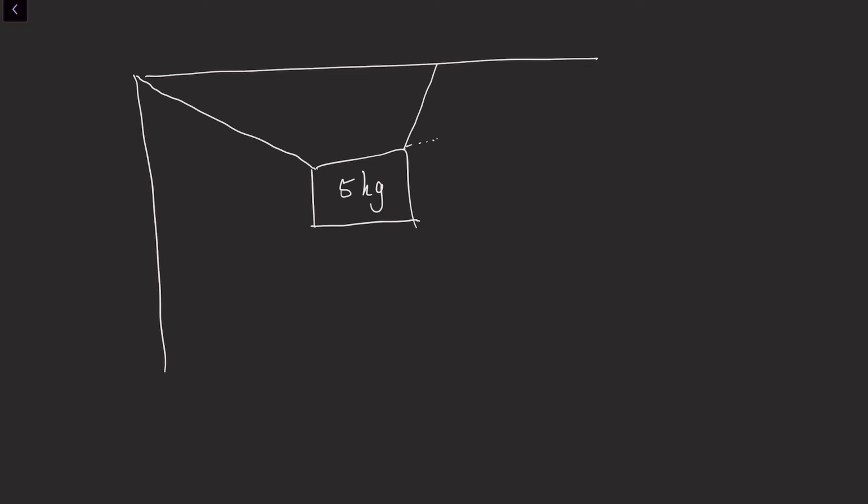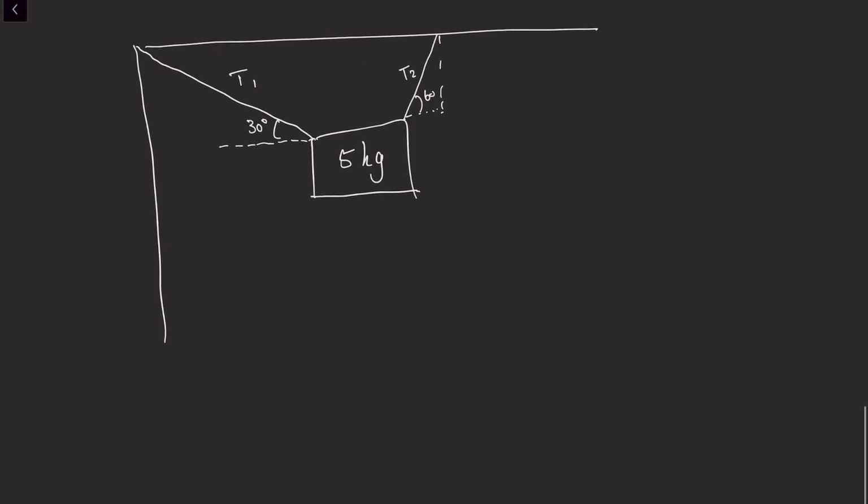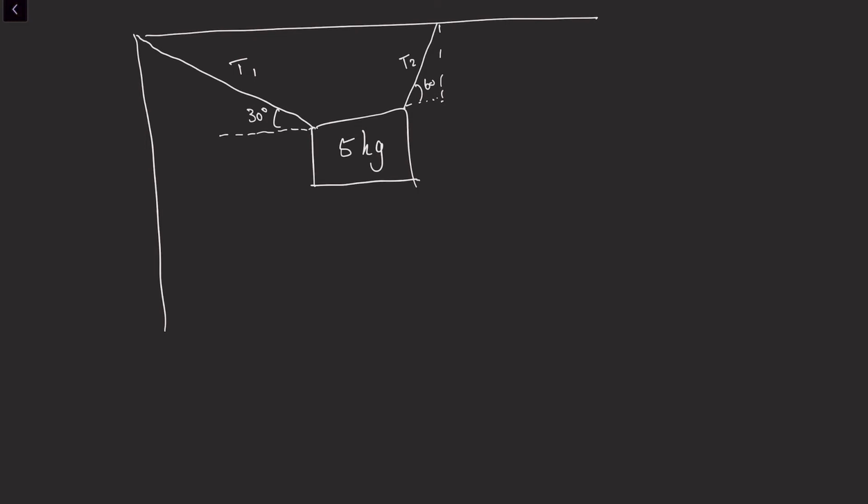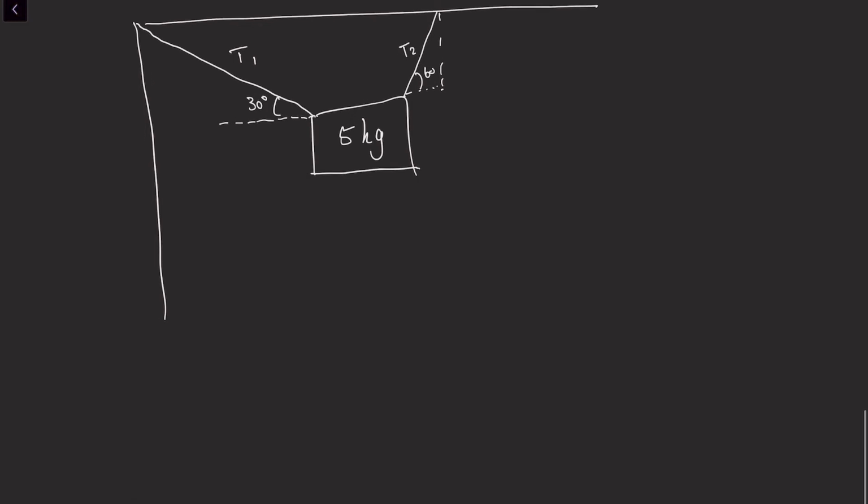And now we have rope T2 making a 60 degree angle to the horizontal, and we have rope T1 making a 30 degree angle from the horizontal. Excellent. So, like I said, if the ropes are not perfectly vertical or horizontal, we can break it down into its component forces. So let's do that.